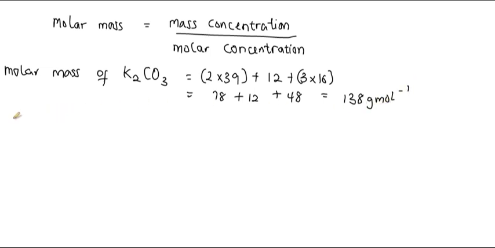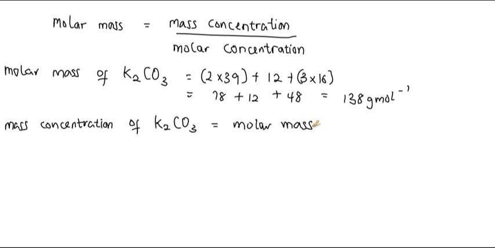Now after doing this, we've gotten the molar concentration from the previous calculation. To get the mass concentration, I'll be making mass concentration the subject here. So we say mass concentration of potassium carbonate equals the molar mass times the molar concentration.